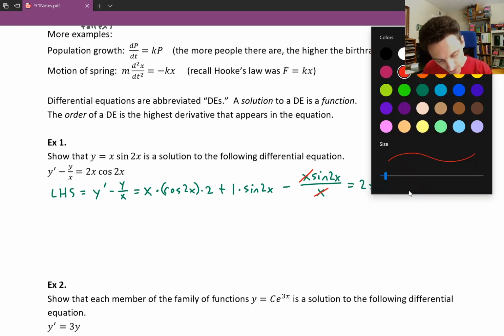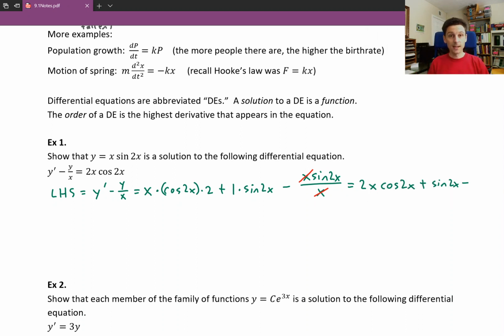So an x cancels from the x sine 2x and the x on the bottom. So we just get minus sine 2x. And now the sine 2x's cancel. Just try to simplify this as much as we can. So we just get 2x cosine 2x.